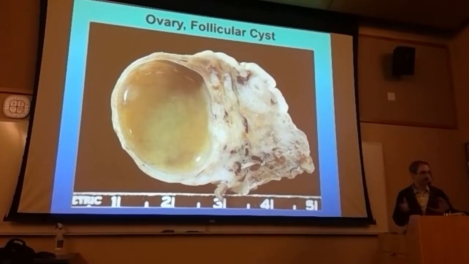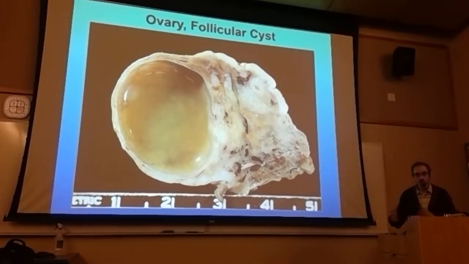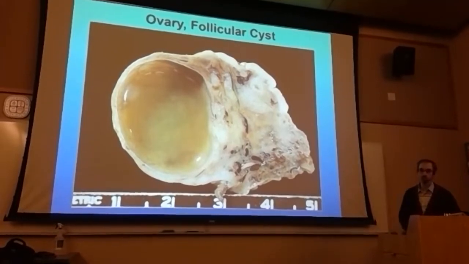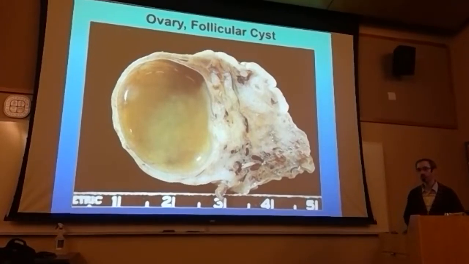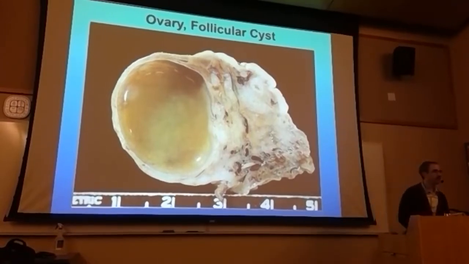And again, they kind of degenerate, persisting as these follicular cysts. And over each cycle, more and more of these follicular cysts will accumulate. And then finally, in the end, the ovary is remarkable for multiple cysts. Each one of these cysts can have some fluid in them that can cause a lot of pain if it starts leaking out to the peritoneal cavity. And as a result, there can be some mid-cycle discomfort caused by this condition.